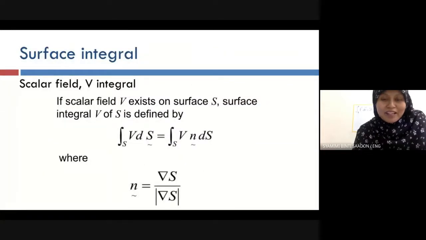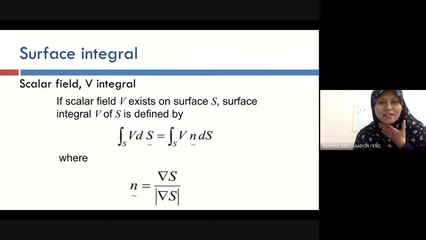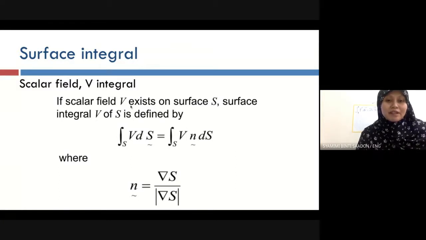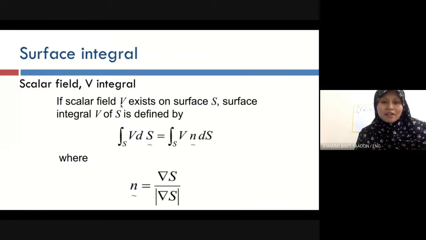Okay, next, the surface integral, scalar field and V integral. If scalar field V exists on surface S, the surface integral of V over S is defined this way.